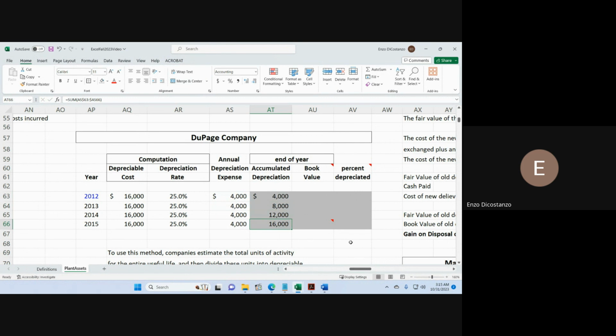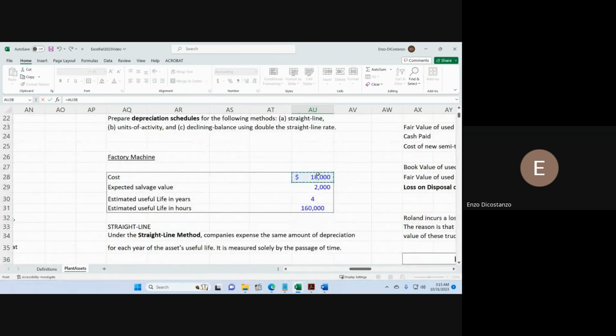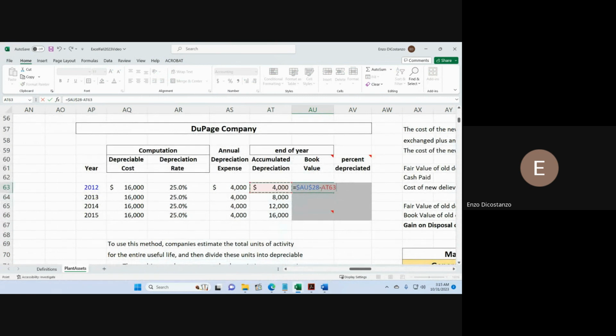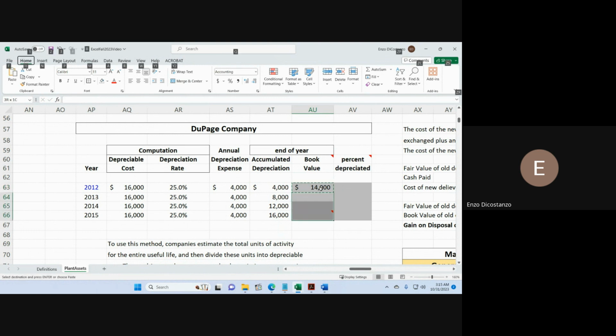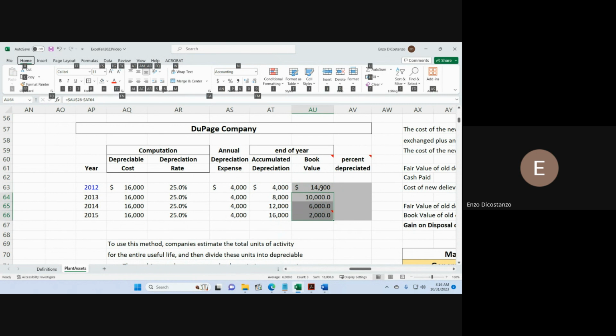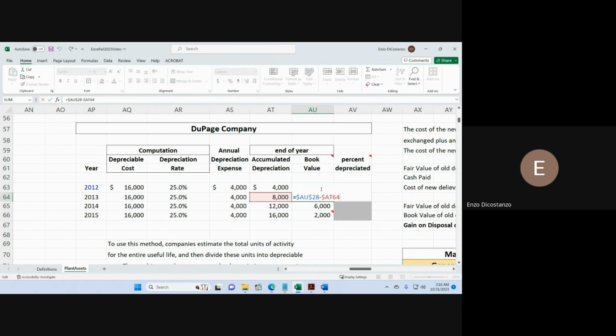That's your accumulated depreciation. And we always put the formulas here. The book value is the cost minus the accumulated, so in other words, the initial book value, not the 16, the 18, down to your 2,000.